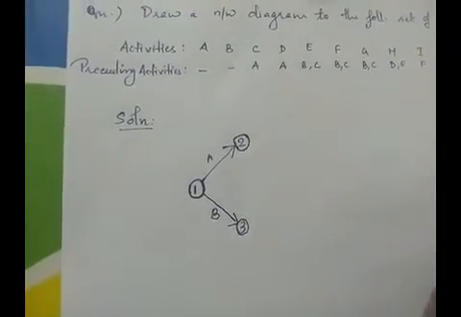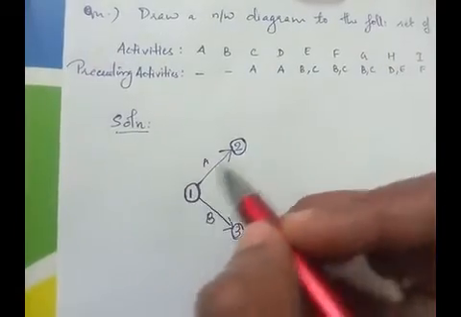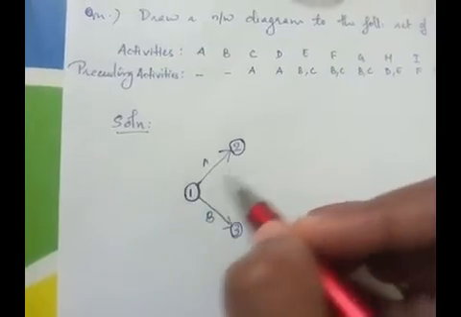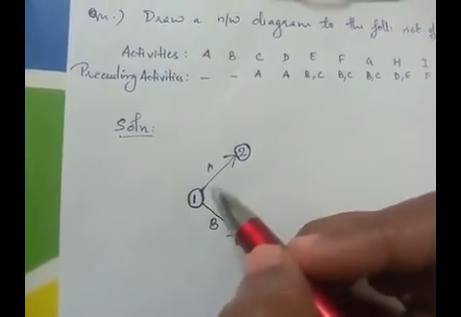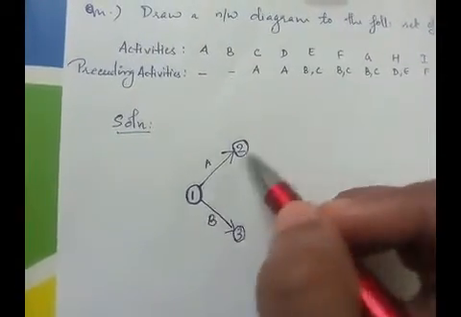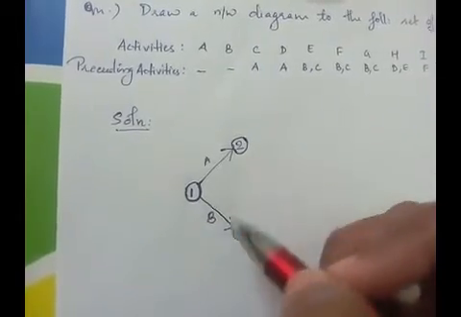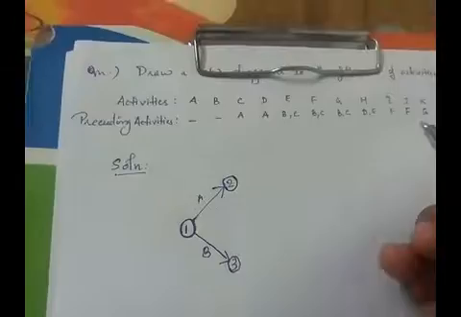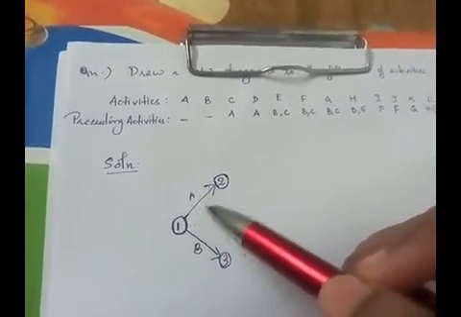Okay, since the rule specifies that no two activities can have the same end events, we cannot draw parallel lines through two nodes. That's why we have drawn separate arrows for A and B. Okay, now we have represented the starting activities in the figure.